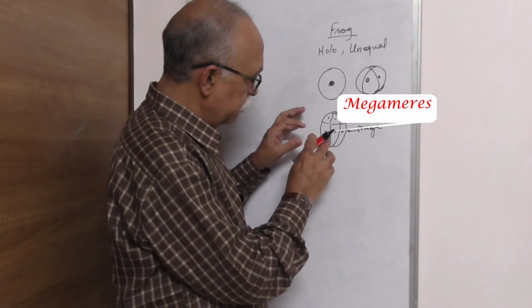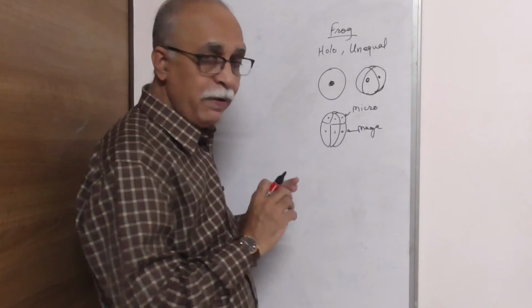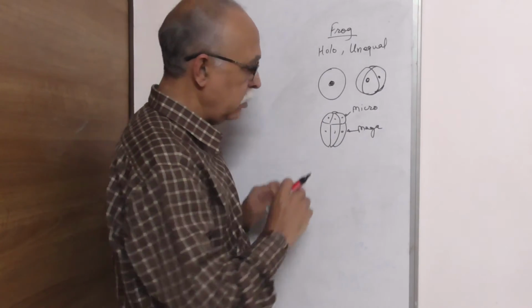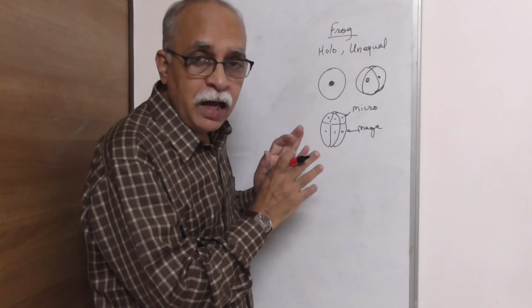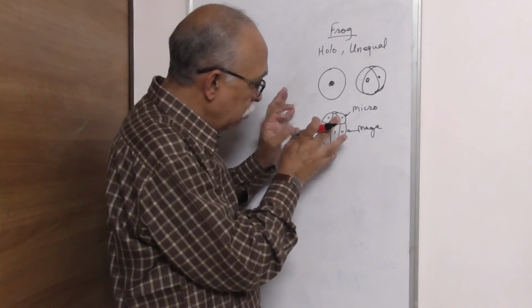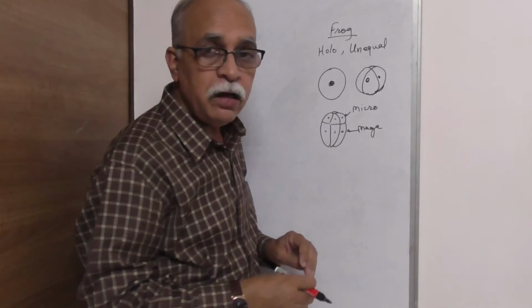Here the size difference between micromeres and megameres is very clear. Distinct differentiation would be there because the yolk amount is relatively large and most of the yolk is contained in the megameres and most of the cytoplasm is contained in micromeres.